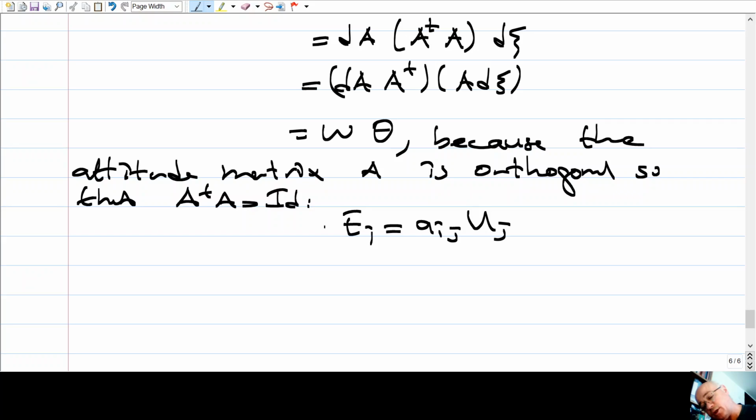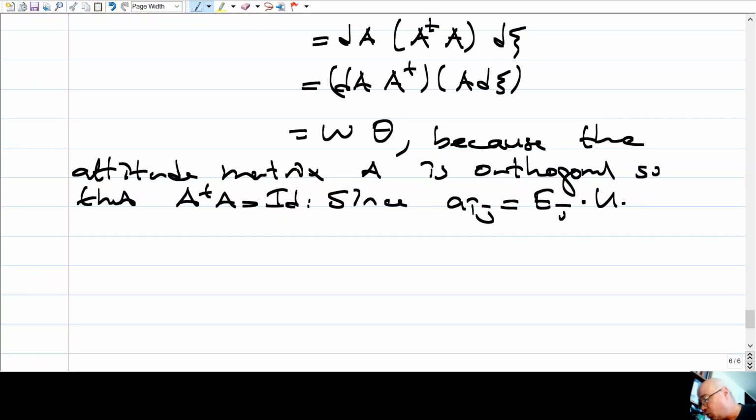Okay, maybe I should write this in more detail. Since Aij is just Ej dot Ui, or let me write it this way: Ei is Aij Uj.